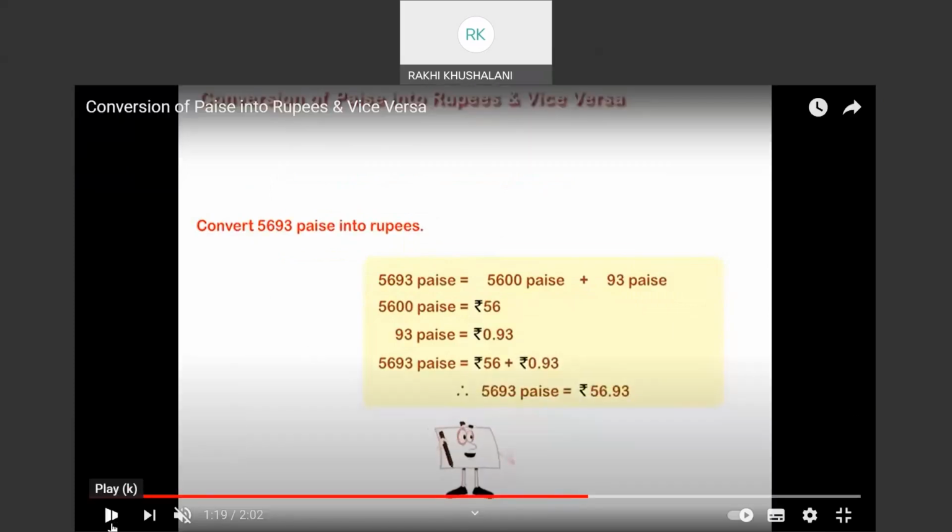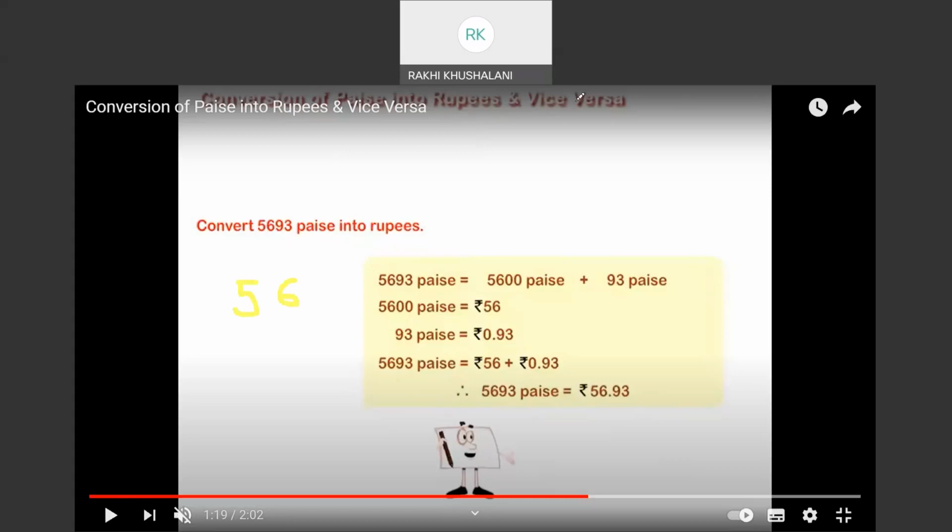Otherwise, what are we going to do? 5693 divided by 100, that is also okay. I have got two zeros in 100, so I will move two decimal places. Let me do it here. Please pardon me for my writing.